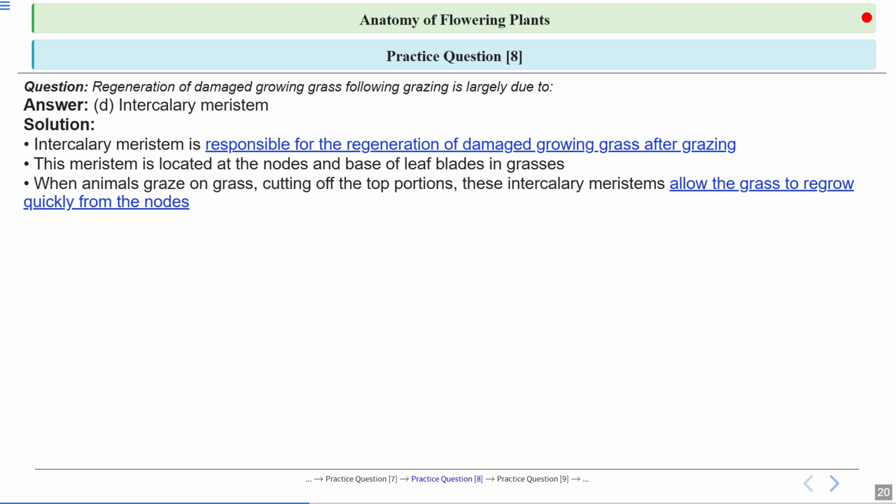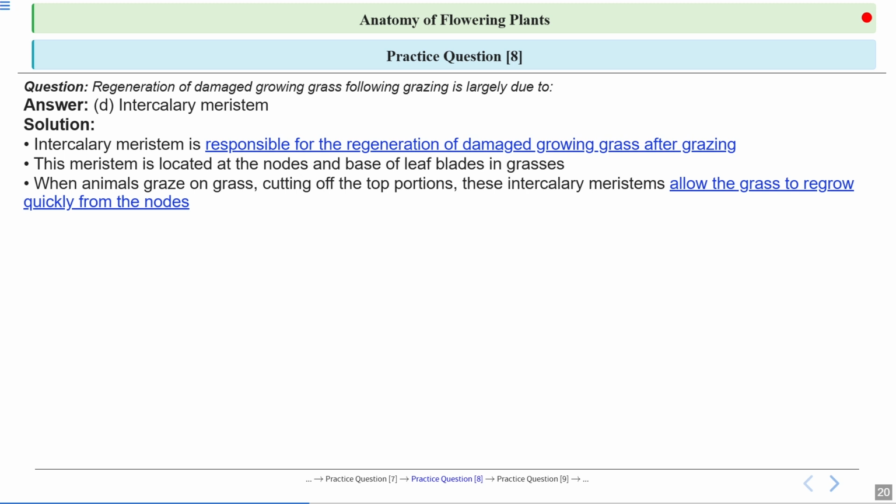And I give you one more example. If you have seen the tea collector in the tea garden, what do they do? They pluck the top two or three leaves, the apical meristem. And what will happen? From the axils of the leaf, the intercalary meristem, new branches arise and your tea becomes bushy, right?